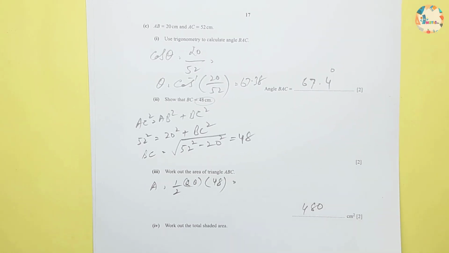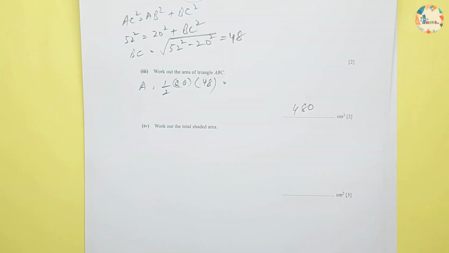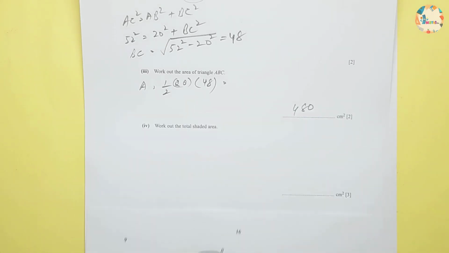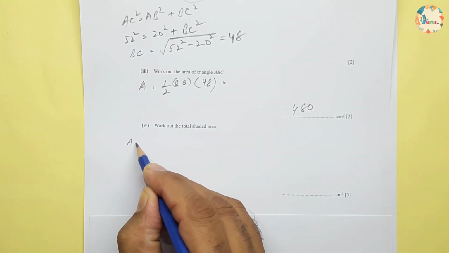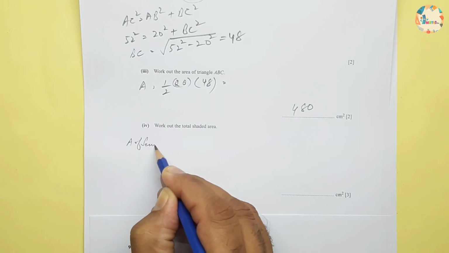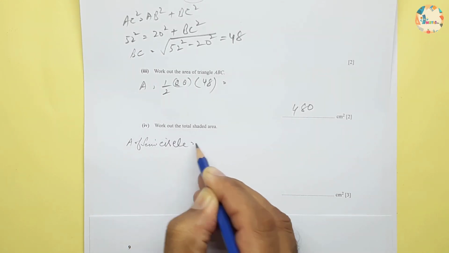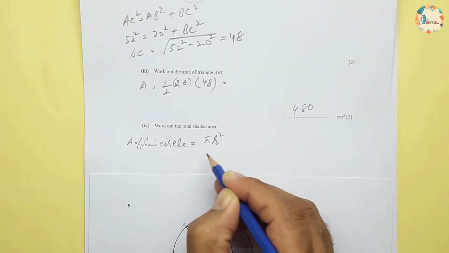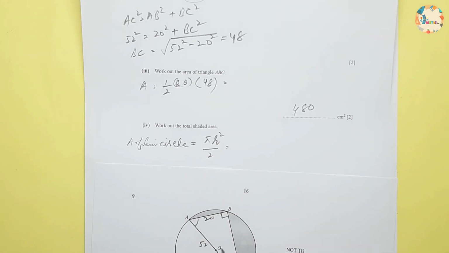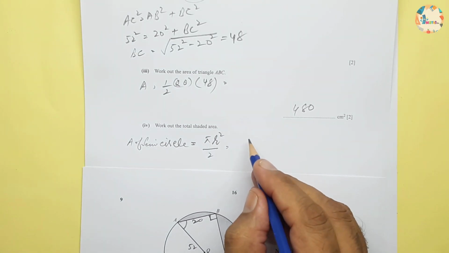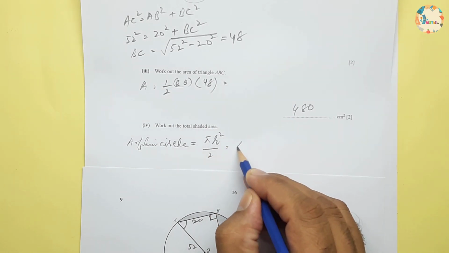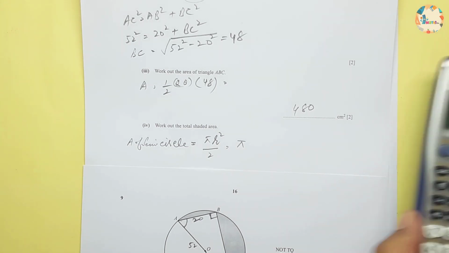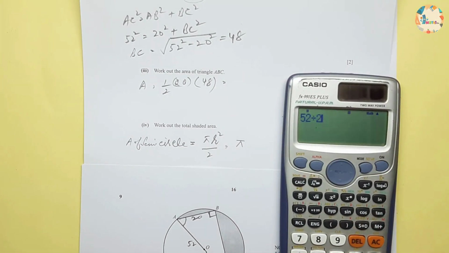Work out the total shaded area. So for shaded area, what we can do, we can find the area of this semicircle. Area of semicircle will be equal to what? Pi r squared by 2. Pi r squared is the area of a circle, so divided by 2, and r is half of 52, which is 26.